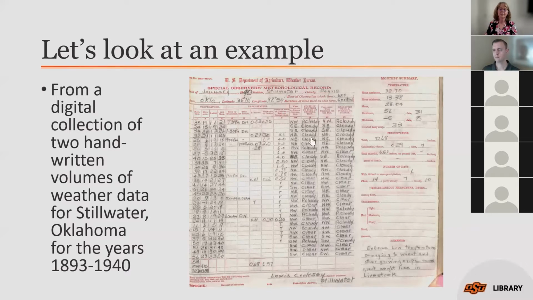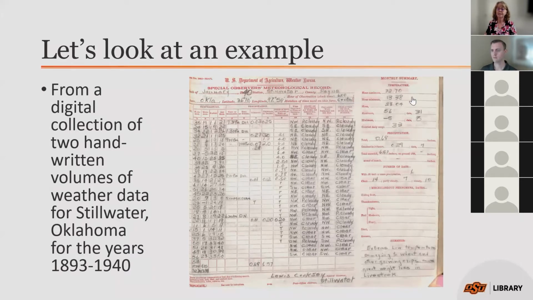If we look at this carefully, you see up here at the top, it's got the date, the month and the year. It's got basically metadata: what do we need to know about this data, and where it was captured from, Stillwater, Payne County. It talks about the time zone, latitude and longitude.